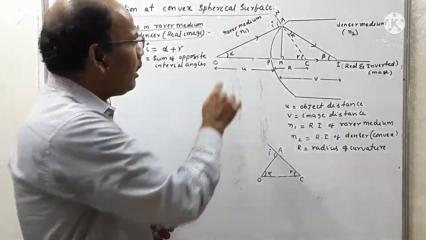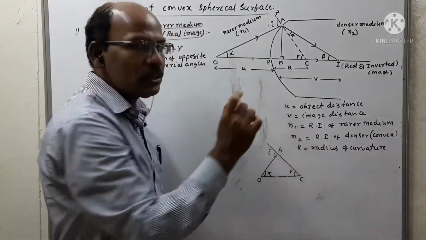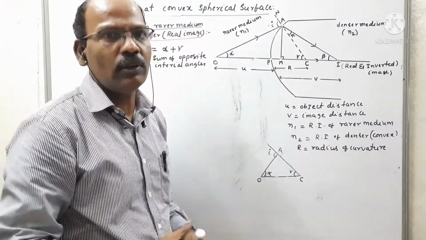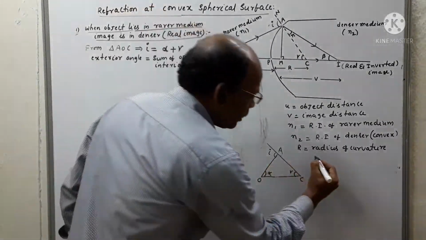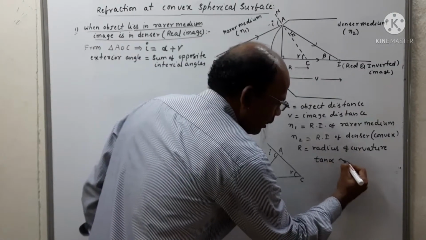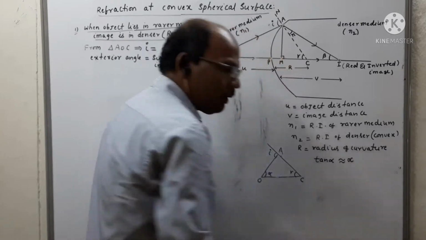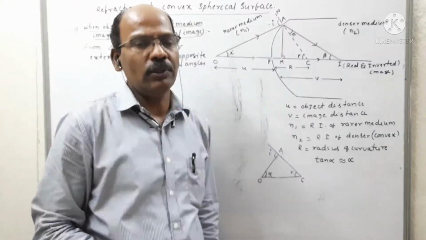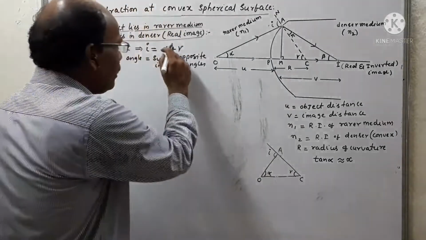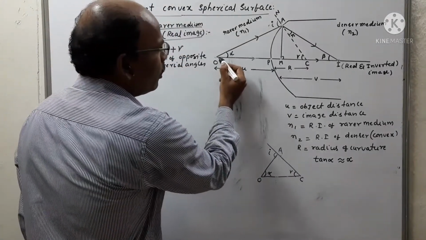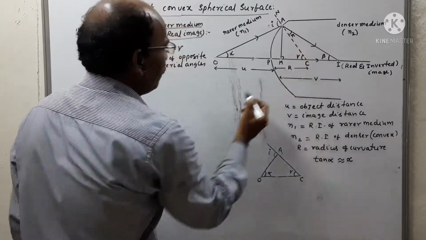So in order to find the value of alpha, which is very small, we can find the tan alpha, which is nearly equal to alpha. So the assumptions are like this. For thin lens, tan alpha is equal to alpha, tan beta is equal to beta, tan gamma is equal to gamma. So first we find the value of tan alpha. So we can consider the triangle OAM.